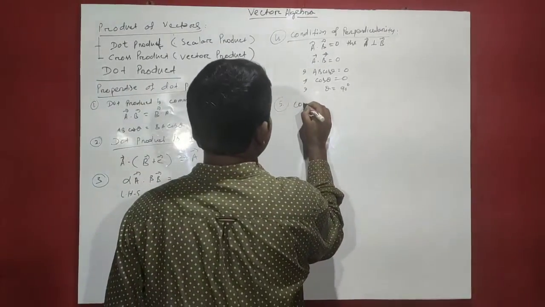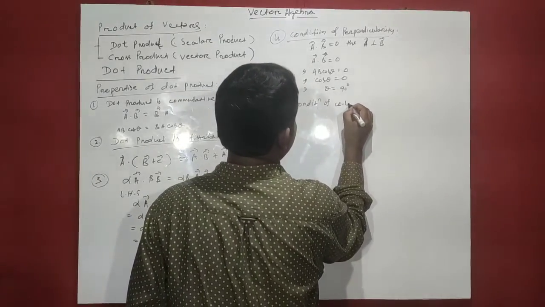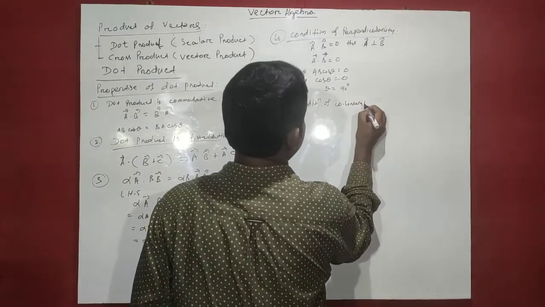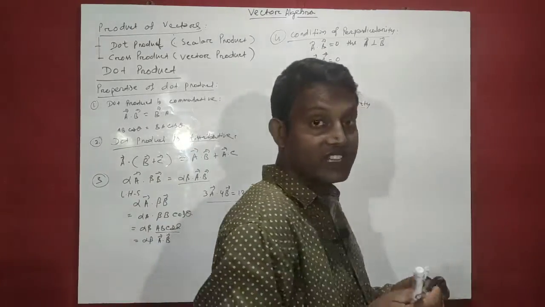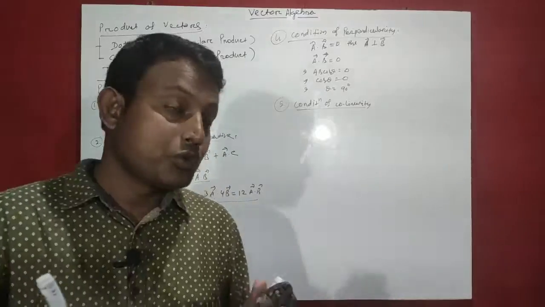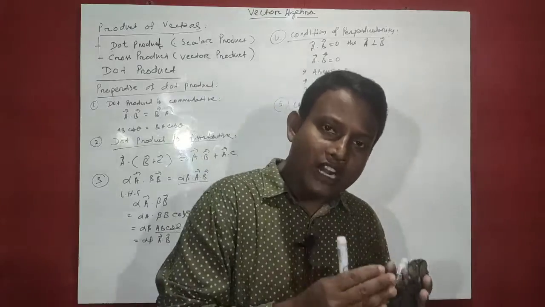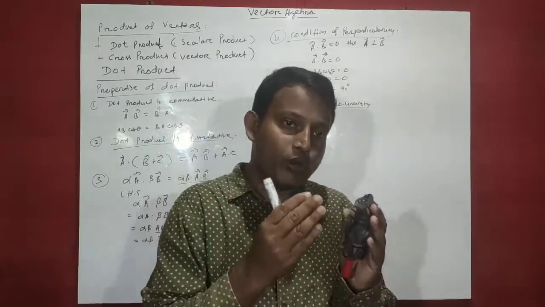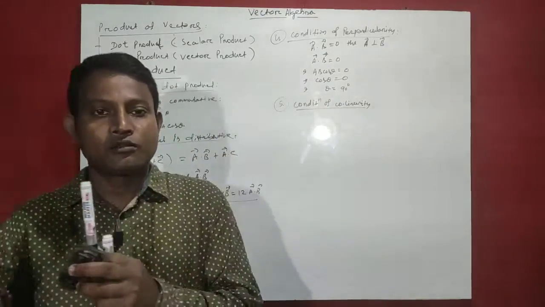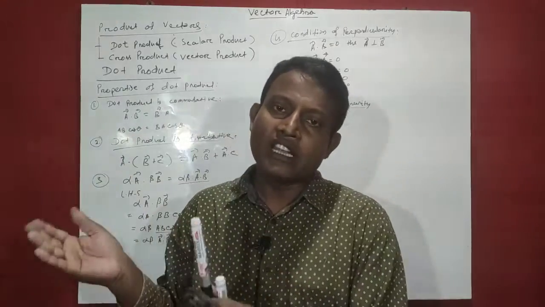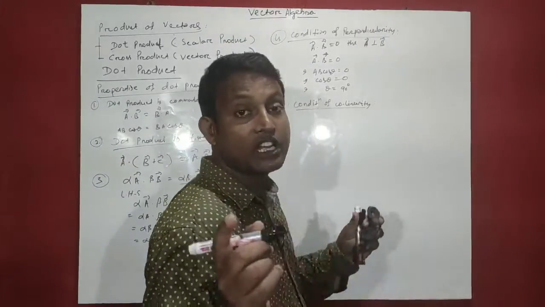Next, the condition of collinearity. If the dot product of two vectors is equal to plus or minus the product of their magnitudes, then these two vectors are collinear.